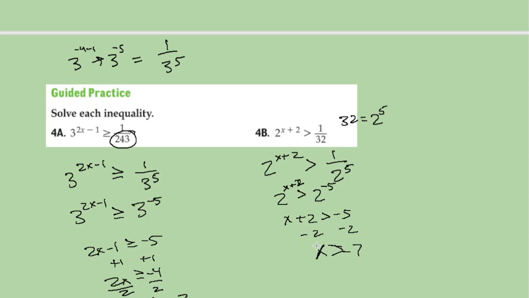So any number greater than negative 7 will make this true. Well, let's try that. Let's try negative 8. So if I use negative 8, I have 2 to the negative 8 plus 2 is greater than 1 over that. Well, 2 to the negative 8 plus 2 is 2 to the negative 6th, and, oh, you know what? I'm being stupid. Negative 8 is not greater than negative 7.